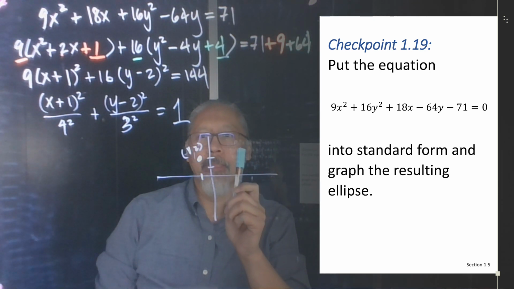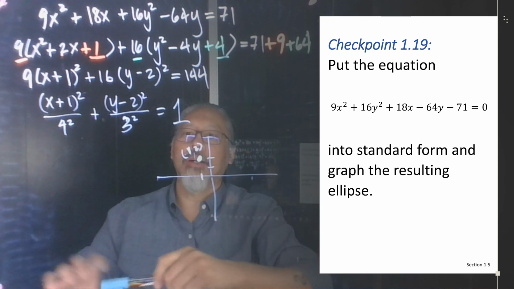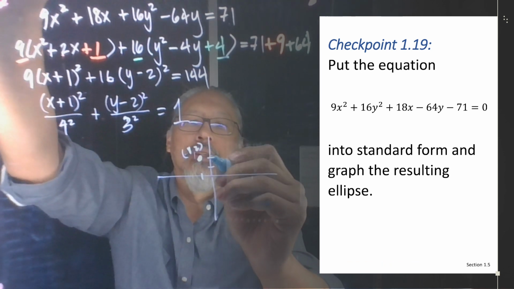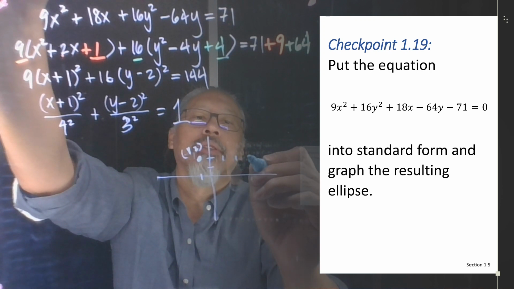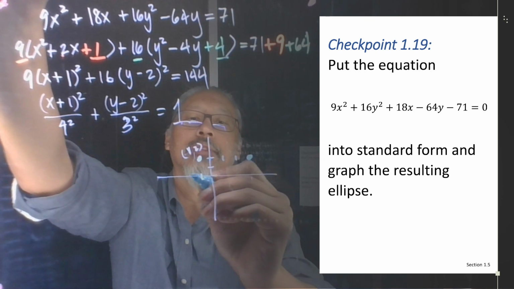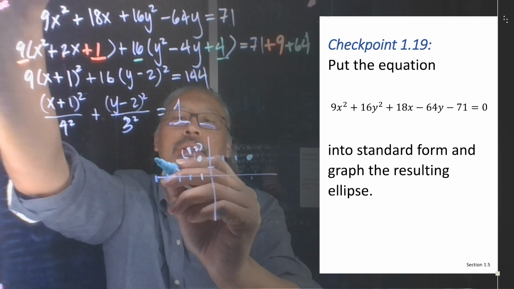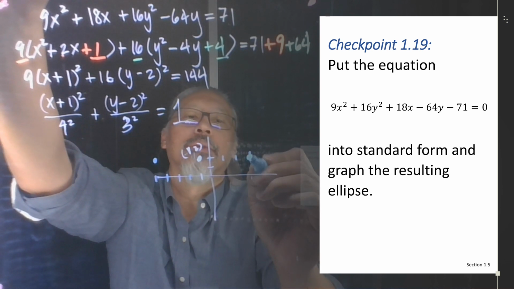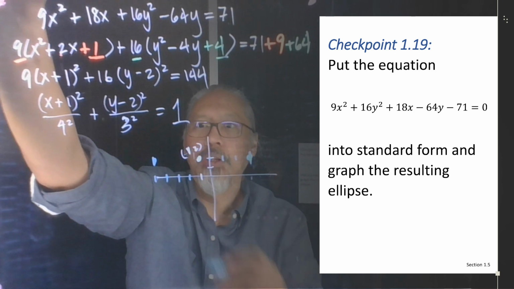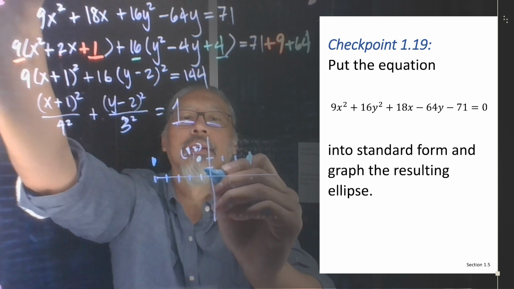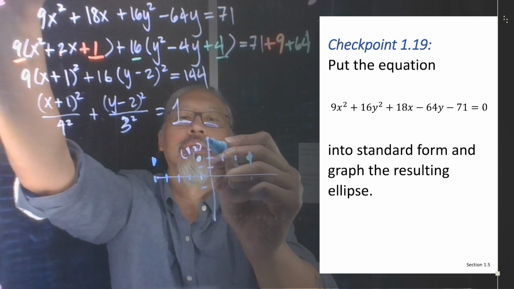Now this is going to be elongated along the x 4 units. So let's go from here, 1, 2, 3, 4, and from here 1, 2, 3, 4. So we're going to have this as the outsides and 3 units along the y. 1, 2, 3, 1, 2, 3.